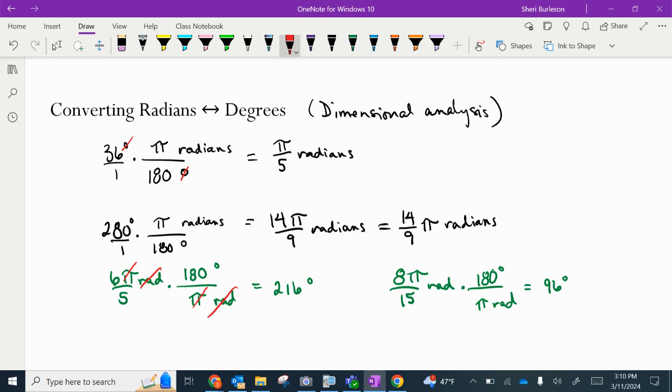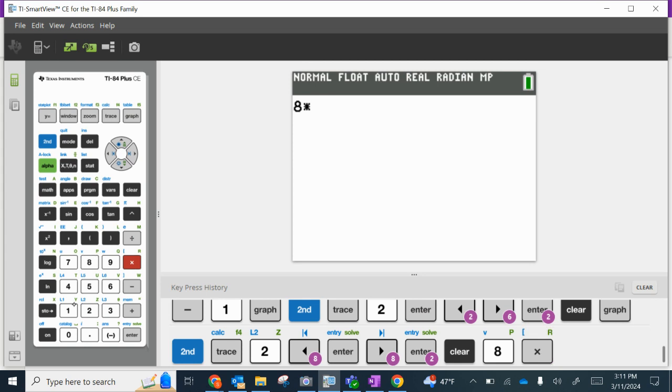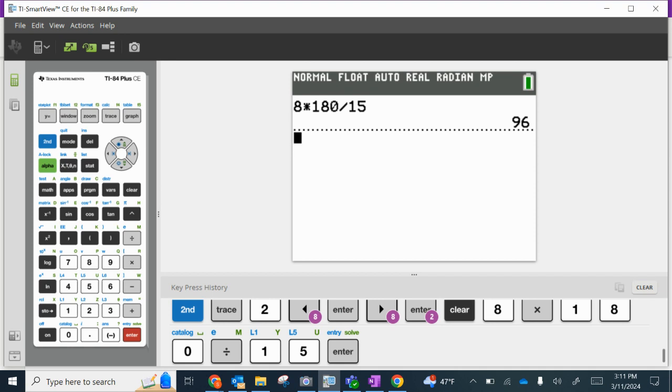Okay, so I reduce radians, I reduce pi, and I'm going to take 8 times 180 divided by 15, 96 degrees, right?